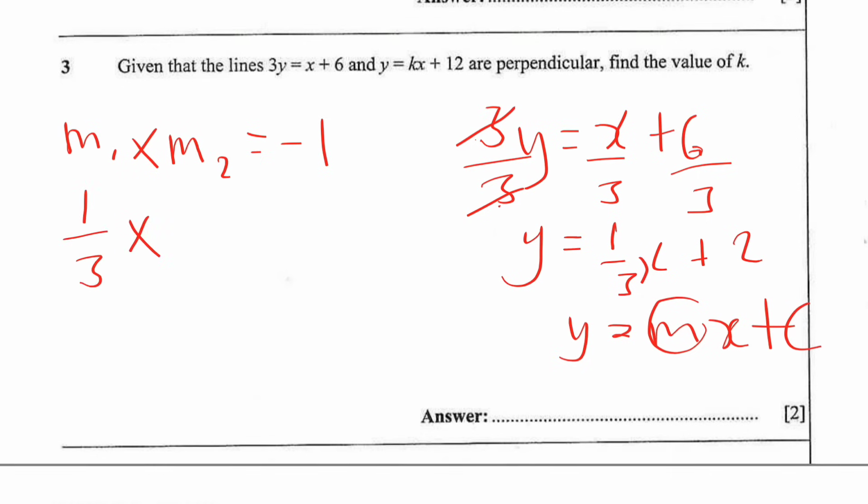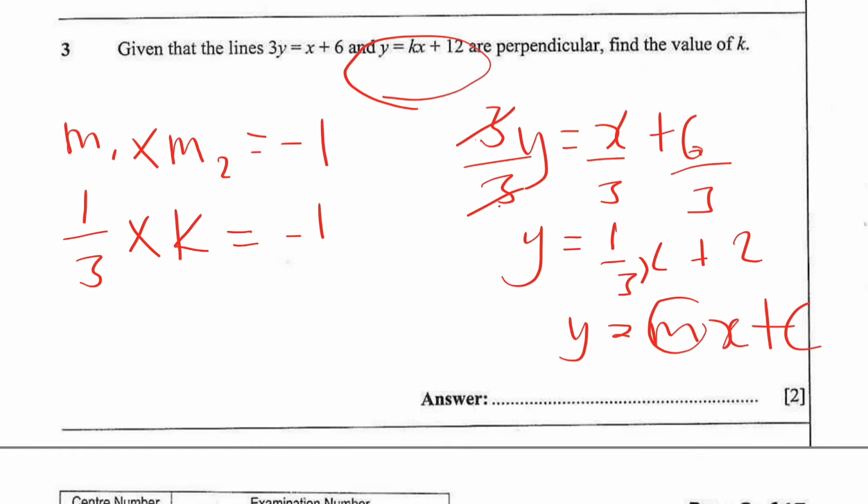Now what is gradient 2? This one is already in the correct form: the coefficient of y is 1 and the other terms are on the right hand side. The gradient is in front of x, so it will be just k. So we substitute: 1 over 3 times k, which is k over 3, equals negative 1.